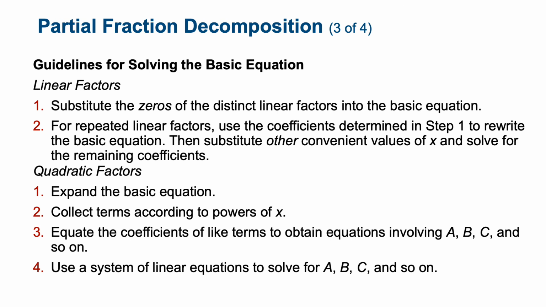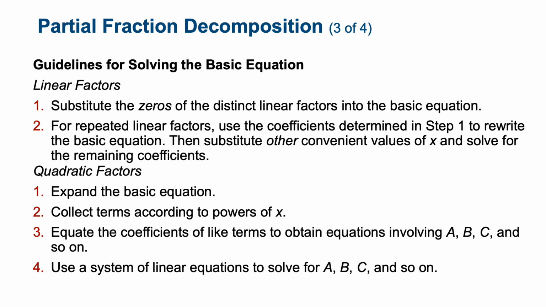Just to recap, what did we do? We have the guidelines. For the linear factors, when we're solving the basic equation, we substitute the zeros of the linear factors into the equation. And when you have repeated linear factors, we use the coefficients determined in the first steps to rewrite the basic equations.